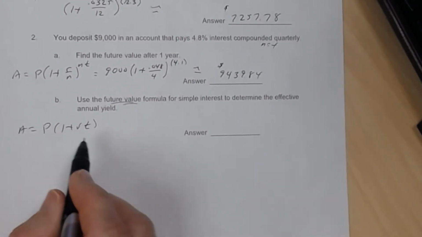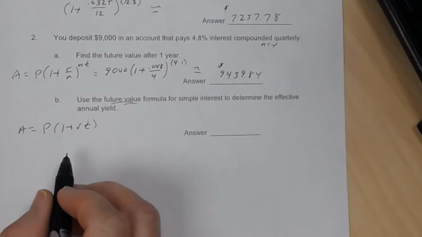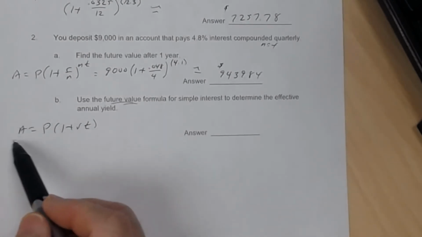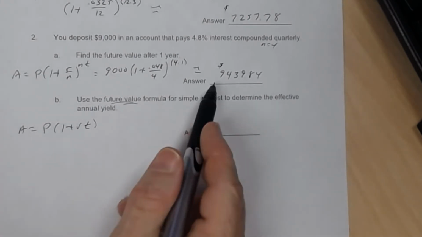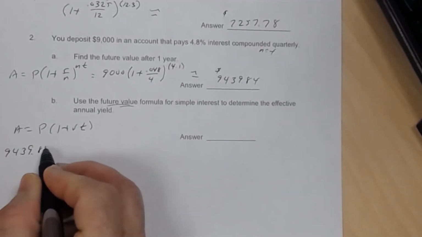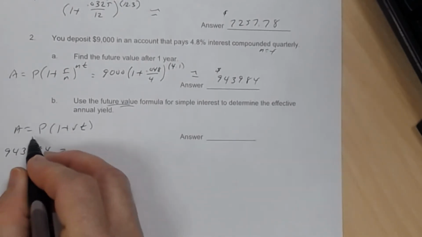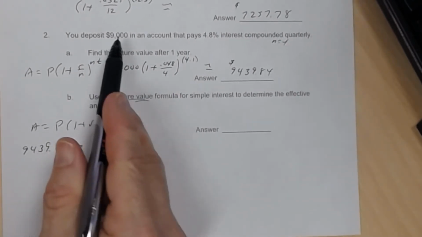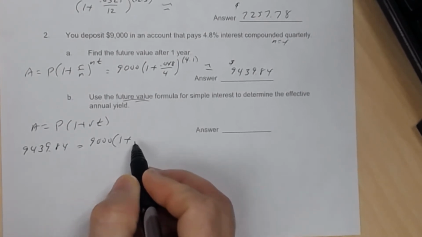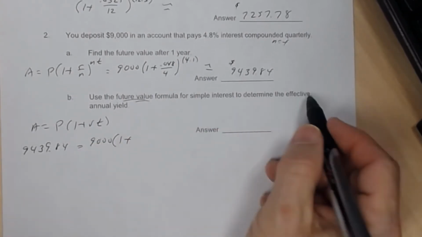So that's your future value formula: A equals P times 1 plus RT. In this case, you're told that the accumulated amount is this right here. So $9,439.84 equals the principal, the amount you invested, which is $9,000, times 1 plus, and you're trying to find the effective annual yield.